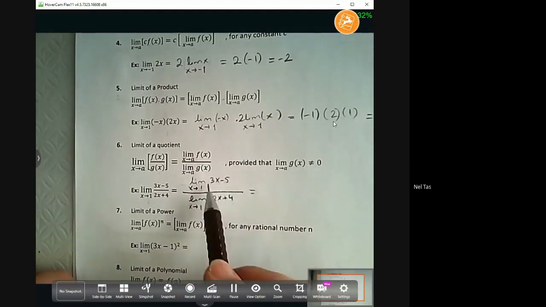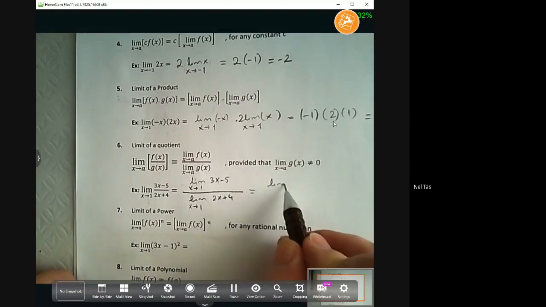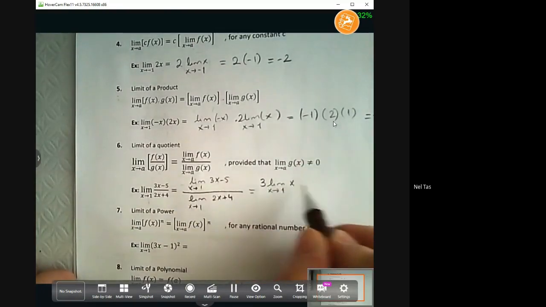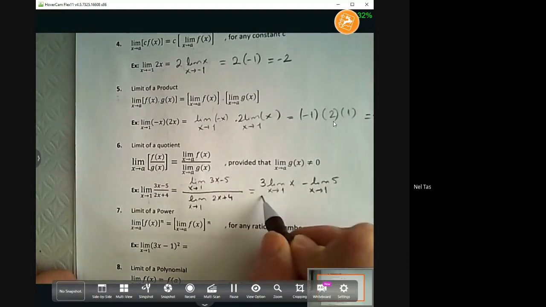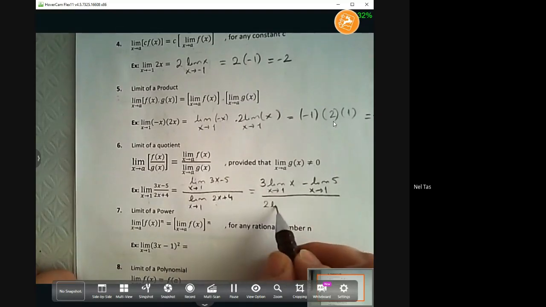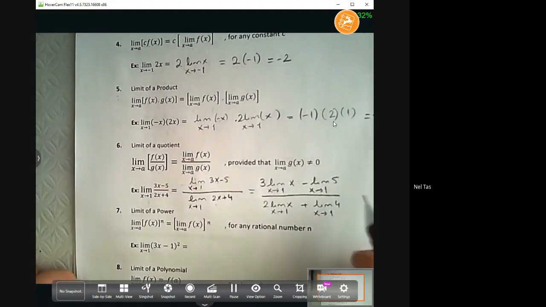Then actually you can follow other rules and write this as limit as x approaches 1 of 3x, but I'm going to put the 3 in front, and limit of 5 as x approaches 1, over, same thing with the denominator, you can write it as 2 times limit of x as x approaches 1 plus limit of 4 as x approaches 1.